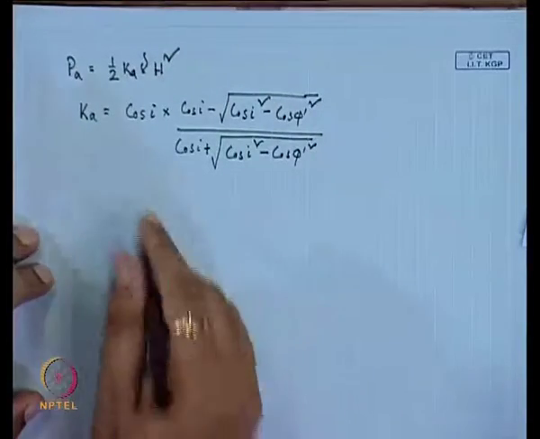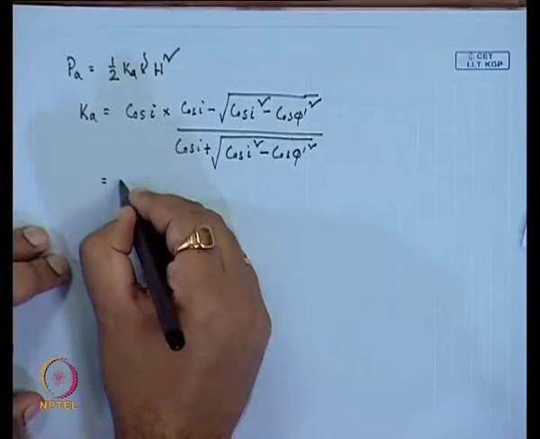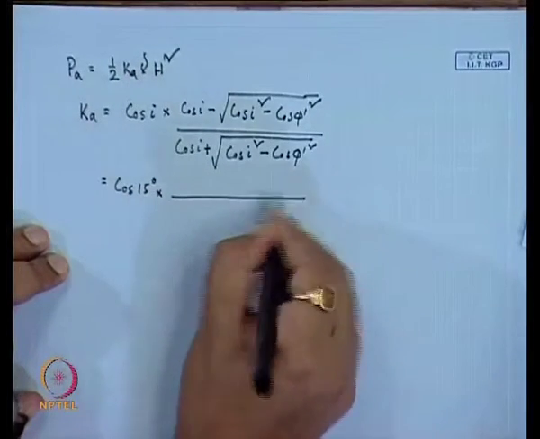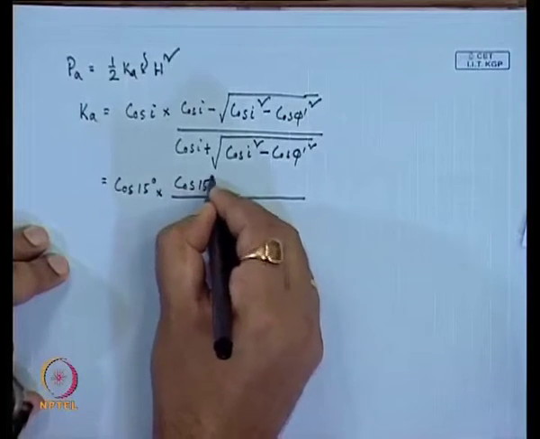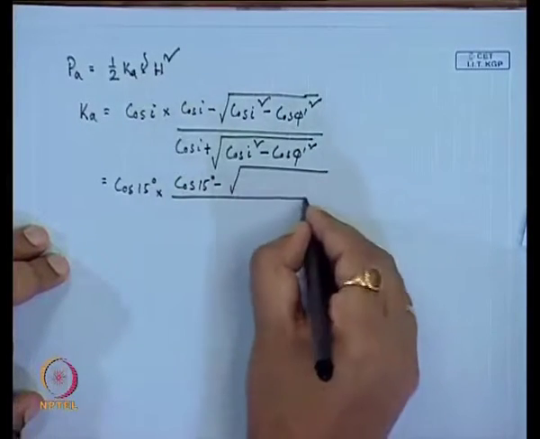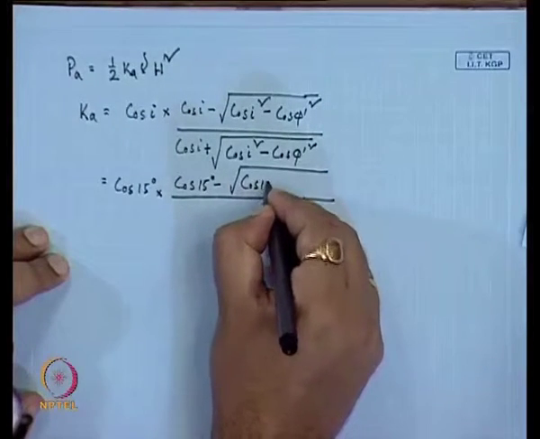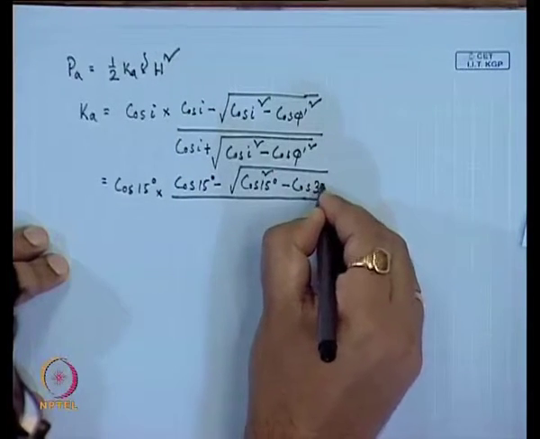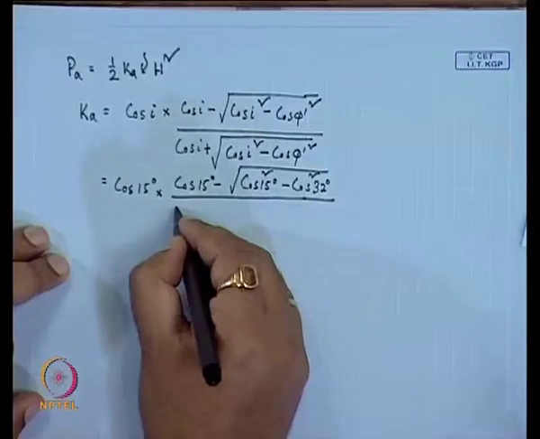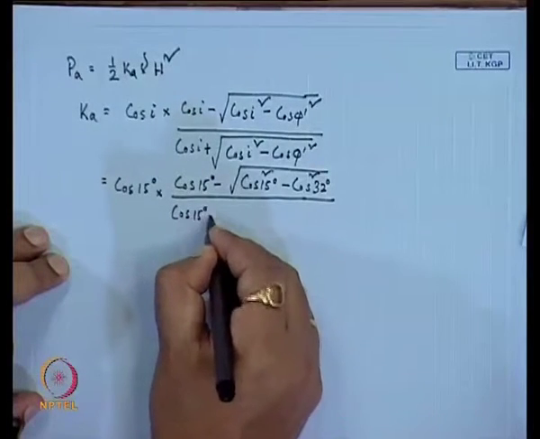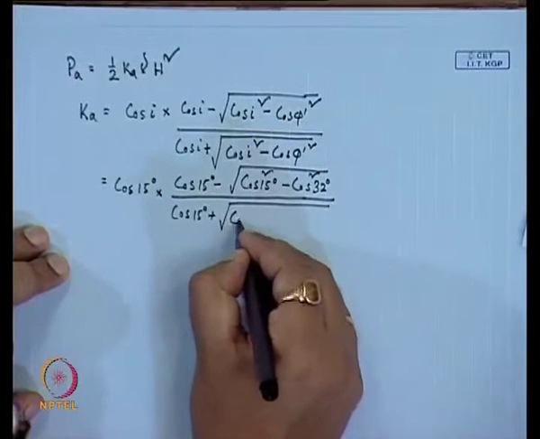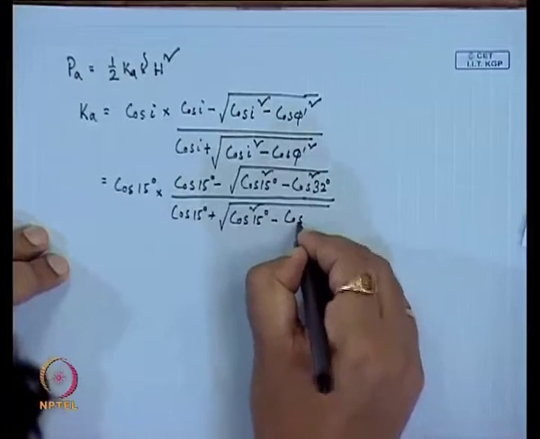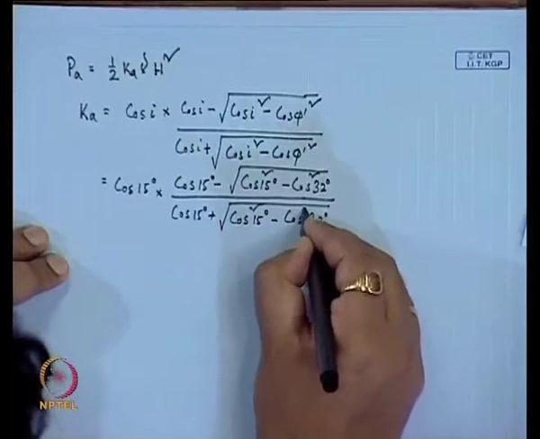So, if I put in the values, this is cos 15 degree into cos 15 degree minus root over cos 15 degree square minus cos 32 degree square, divided by cos 15 degree plus root over cos 15 degree square minus cos 32 degree square.